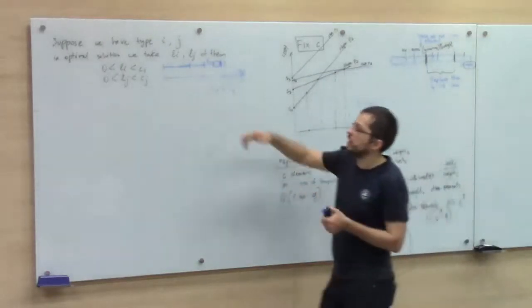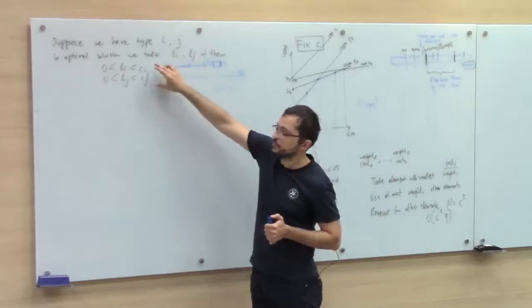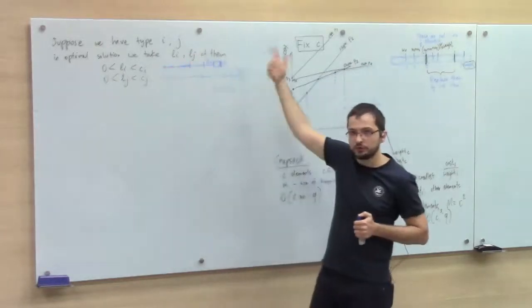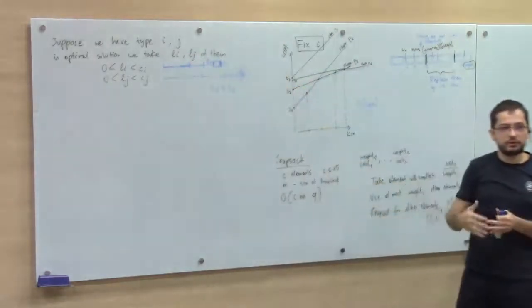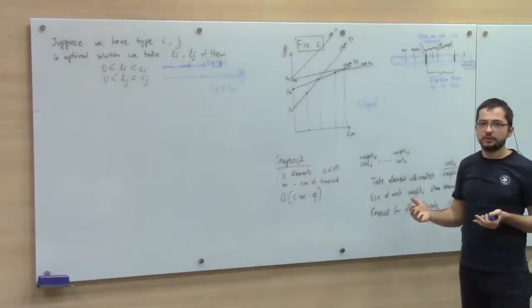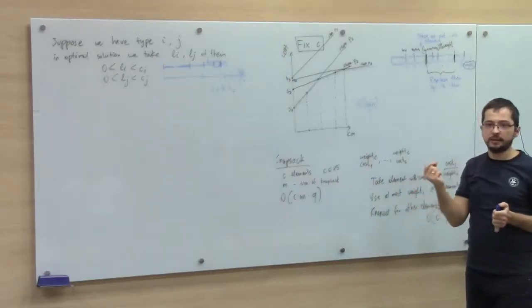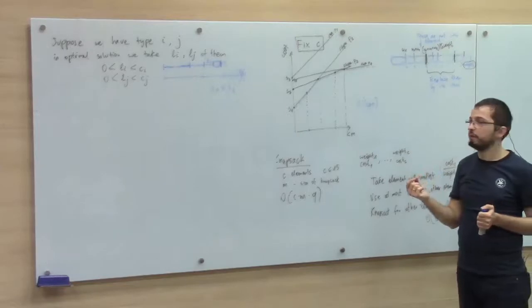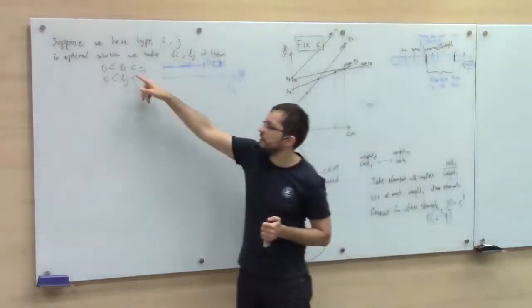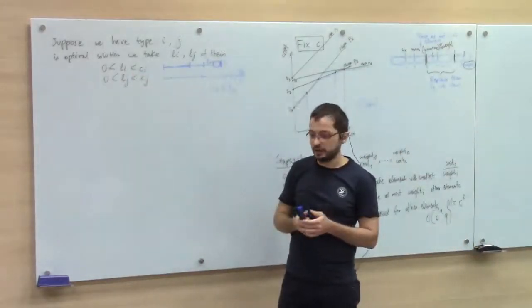So as long as we have these pairs, we can do the same procedure, and after all of these procedures we will end up with at most one type for which Li is not equal to 0 or Ci.